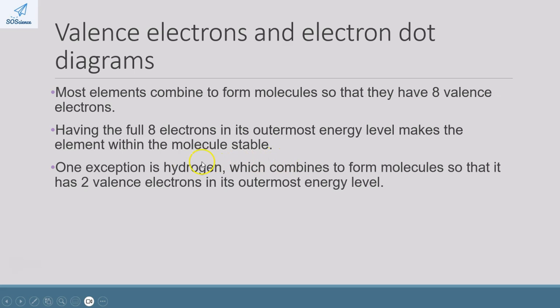One exception is hydrogen. Because remember, for hydrogen to have a full outer energy level, it needs two valence electrons. So when we draw Lewis dot diagrams, we need to remember that hydrogen needs to have two valence electrons around it, whereas every other element needs 8 valence electrons to surround it.